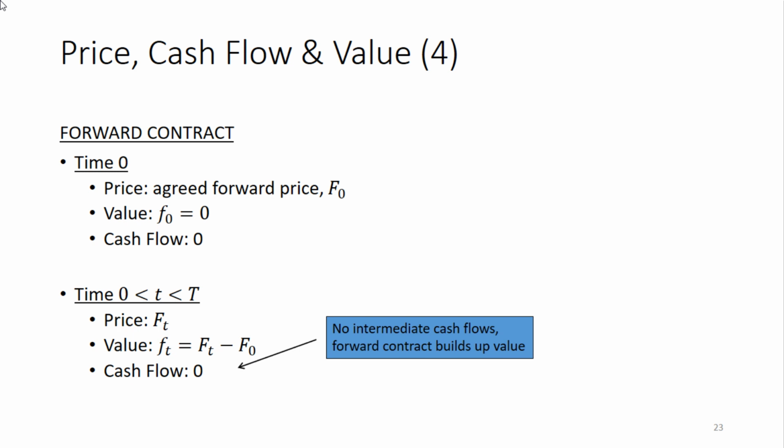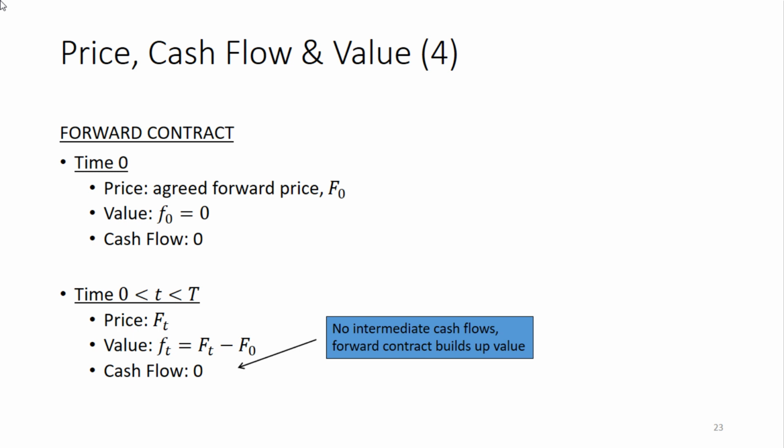So if at a later moment in time the new conditions to enter into a forward contract mean that the price to be agreed upon is a higher price, then you are very happy with your original contract. And that also means that that original contract now has value.